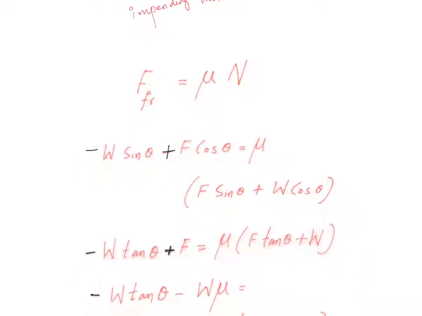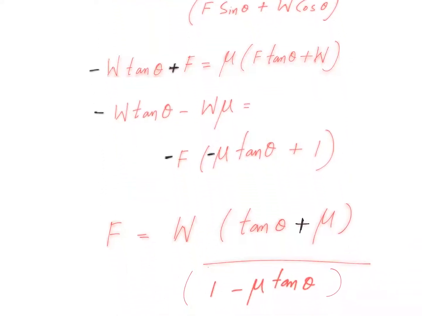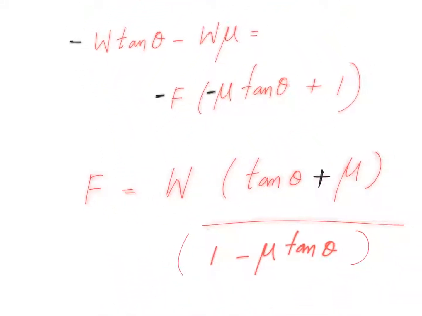Now substituting equation 1 for this particular term and equation 2 for this particular term, finally we will arrive at this particular expression. So this is the minimum force required when you have an inclined plane of inclination theta, the friction between the object and the inclined plane is mu, and the weight of the object is W. So this is the amount of force that we need to apply to get this particular thing moving.